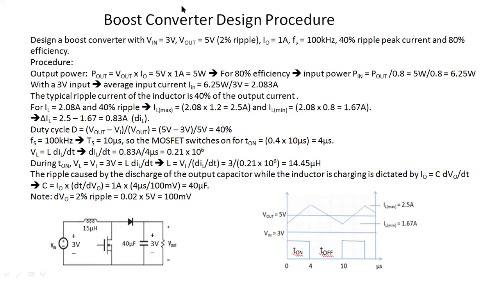After that, when they have given design, at that time, after solving this and getting the remaining values which they have asked, you can draw the diagram and put their values. And if you want, you can draw this cycle also. These are nothing but the timing diagram. If they have given design a boost converter, it means you are supposed to draw the circuit diagram and the wave diagram for this.